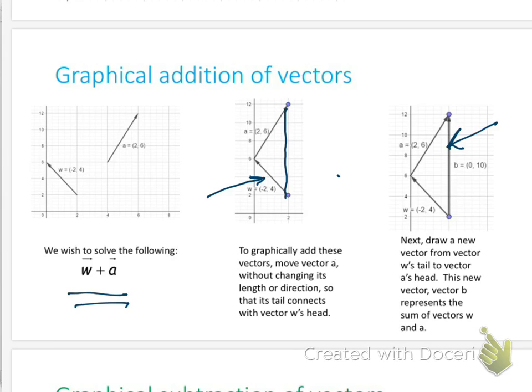I got that 0 by saying 2 plus -2, but visually, I can see that I have a vertical line. Then the y component is 6 plus 4. So I have b equal to 0, 10. I just called that vector b. So that's the first page of graphical operations. That was addition. Let's go on and do subtraction on the next page.